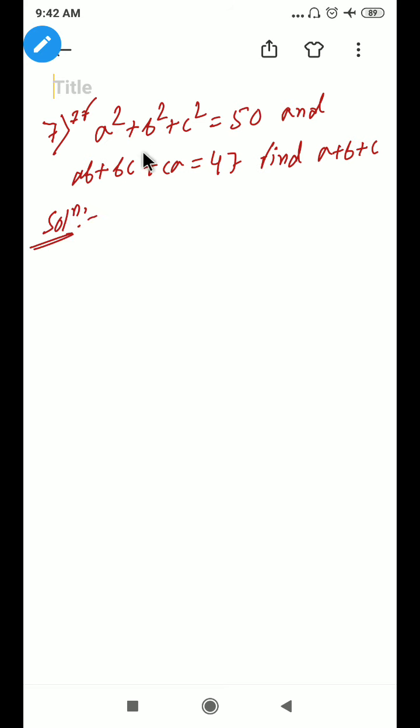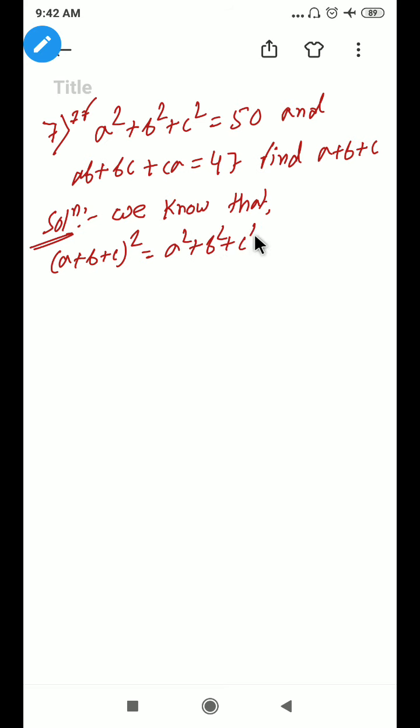So again you can use that formula. So we know that A plus B plus C whole square is equal to A square plus B square plus C square plus 2 into AB plus BC plus CA. So which are given here?